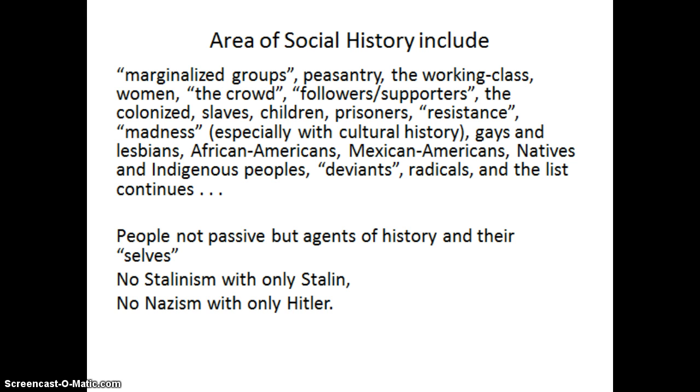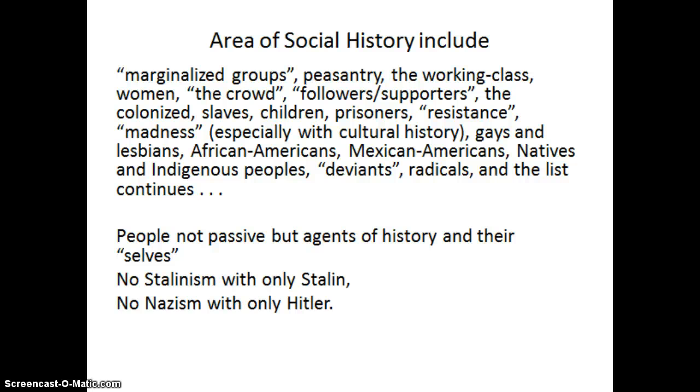And so I think you can get a sense of the wide range of interest social historians then have in terms of looking at the people that were not looked at before, people that previously had been invisible, not seen as important enough to be included in the history book. And with the rise of social history, people then are considered to not be passive, but rather that they're agents of history and that they create themselves, and it's not necessarily the great men that are the movers of history, but the marginalized people also are very important.